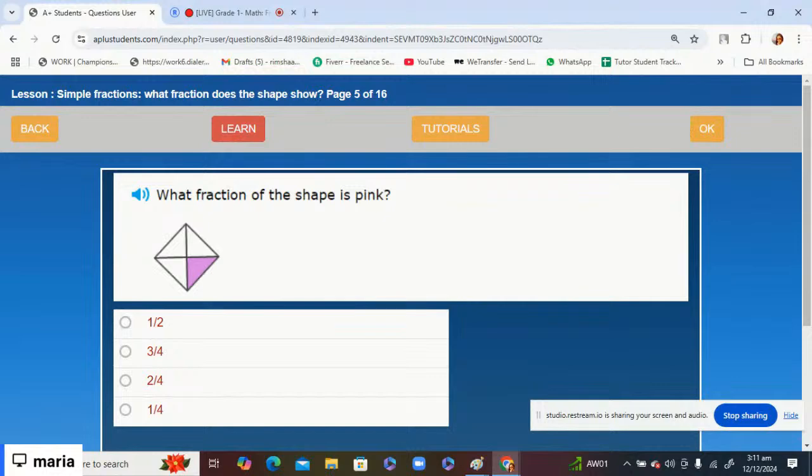First of all, count the total parts and then check how many parts which are pink. Four are total parts and the pink is only one. So it's 1 by 4.